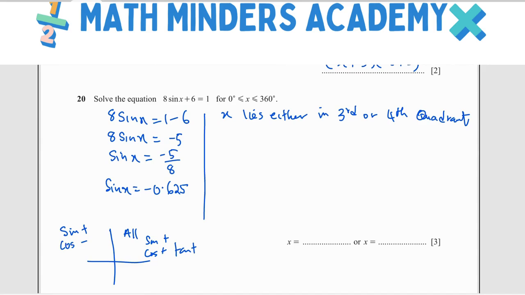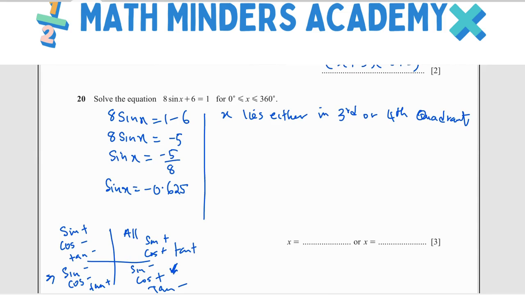Cosine is negative, tan is negative. Here, angles greater than 180, less than 270, sine is negative, cosine is negative and tan is positive. Here, sine is negative, cosine is positive, and tan is negative. So for sine to be negative, it belongs to either the third or the fourth quadrant.